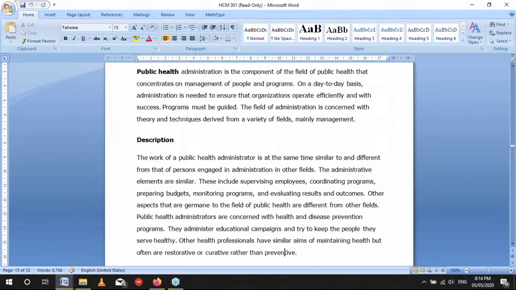So when we now say inventory control, what do we mean by that?